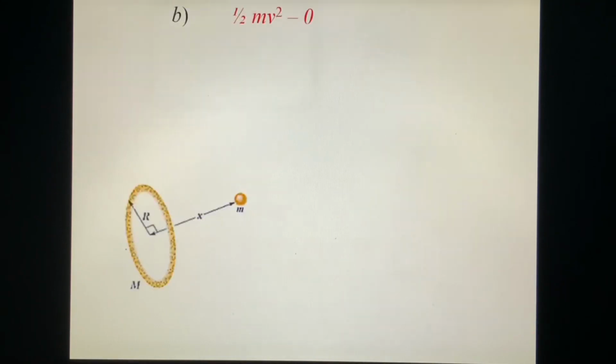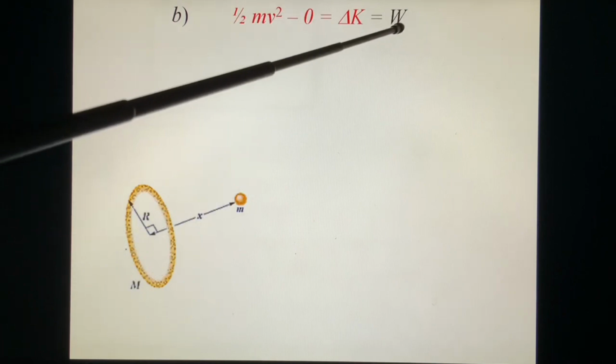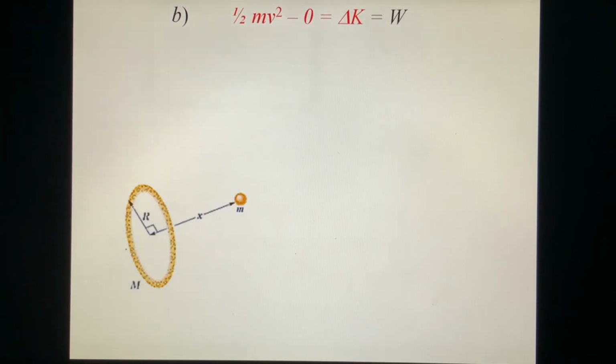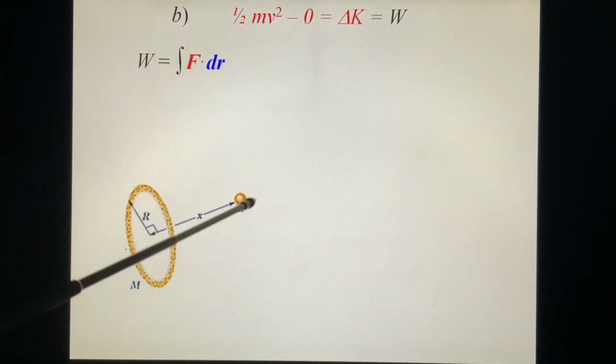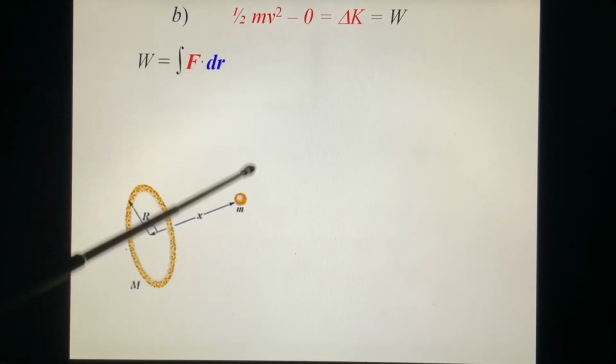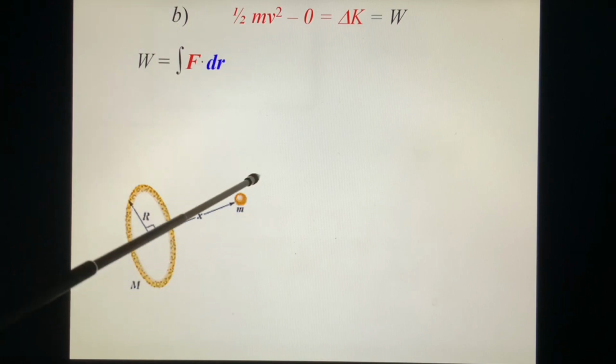Question B, the speed. We see that the kinetic energy change equals the work done by the gravitational force, okay? And this work is equal to F times dr. Actually, this F dr is along x, okay?